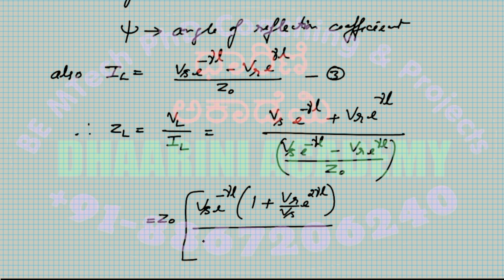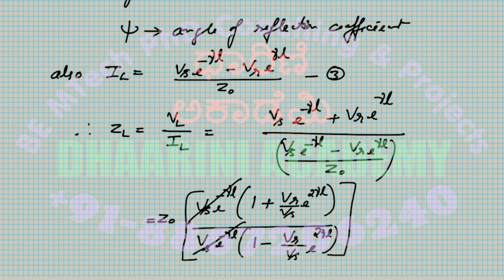Okay, same thing happens with the denominator. Take a Vs e to the minus gamma L, 1 minus Vr by Vs e to the power 2 gamma L. Is it okay? Right. So anyway, this cancels, but I know something.